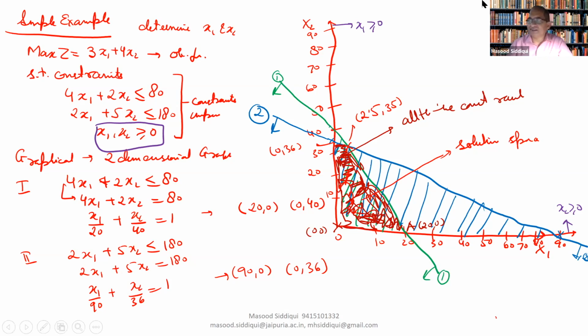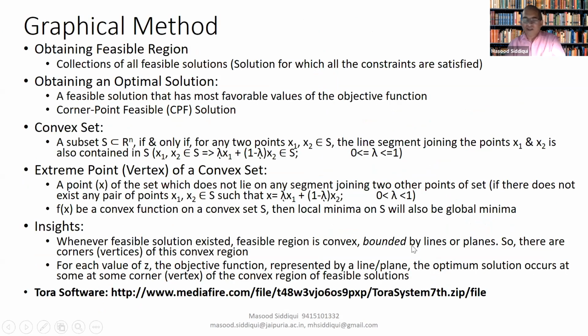Now, I am moving to our main slides to explain the concept. Here we obtain the feasible region. The feasible region is the collection of feasible solutions for which all the constraints are satisfied. Just like in our example, we have developed the feasible region.